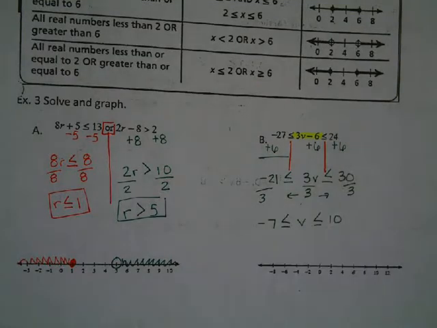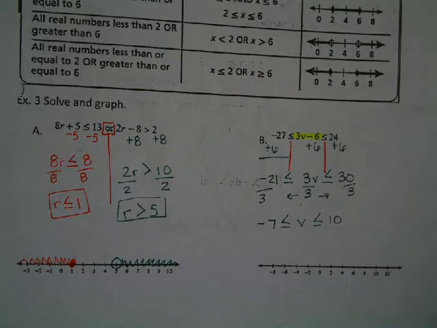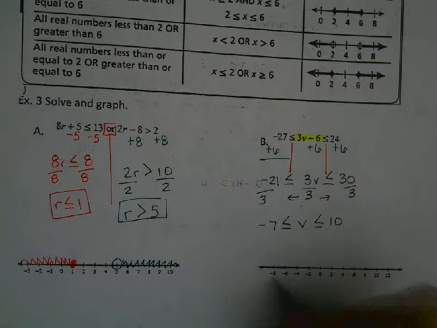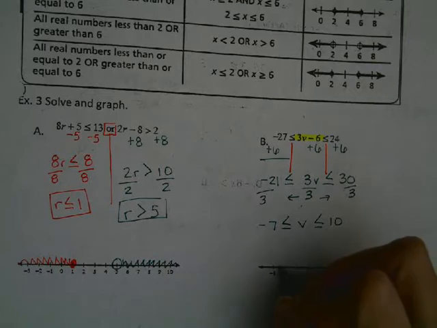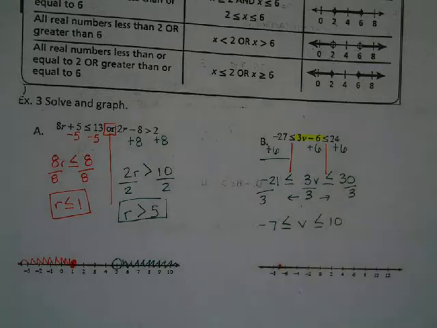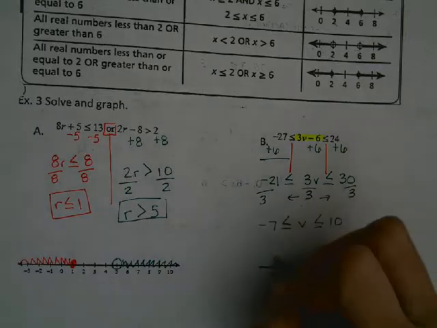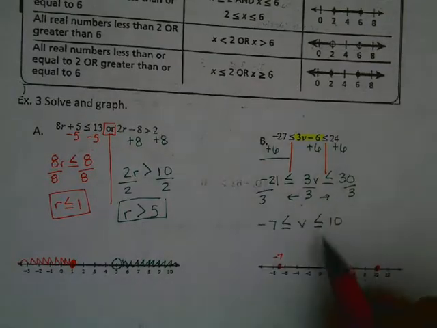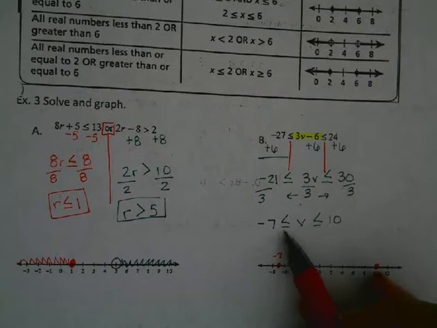On this chart, it goes by 2's. So negative 7 is going to be located between negative 6 and negative 8. I'm going to put a point between those two things, and that's going to represent my negative 7. Okay? 10 is already on here. I'm putting solid circles on these because you can see there's lines underneath these. The v is all the numbers from negative 7 to 10.